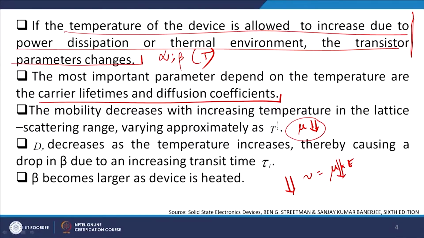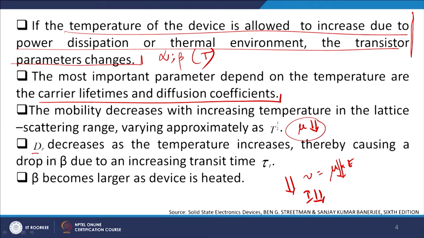As a result, the mobility falls down. So, the higher the temperature, the lower the mobility, and therefore, when you talk of drift, the velocity of the carriers will be mu into E. So, when mu falls down, velocity falls down, and therefore, the current is reduced drastically, right.